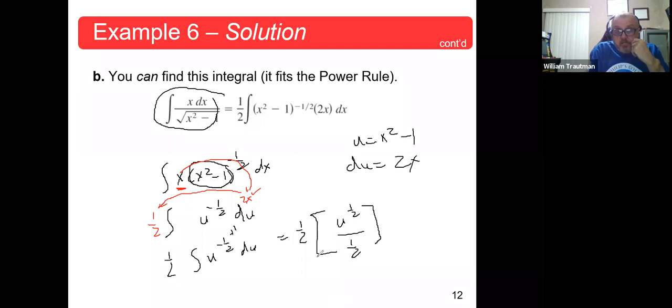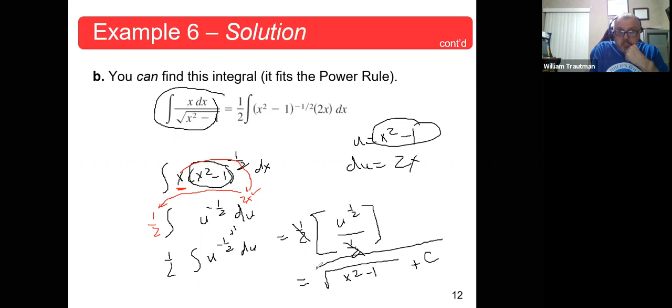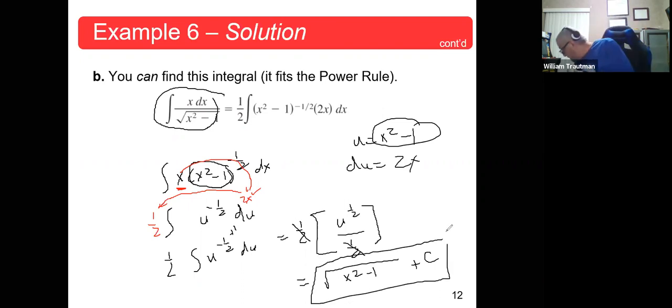So what we have is, if you notice, there's a 1/2 here, 1/2 here, they cancel. We just have u to the 1/2. Another way of writing it, 1/2 is square root, and then u is this, x squared minus 1. Don't forget the plus c at the end of it.